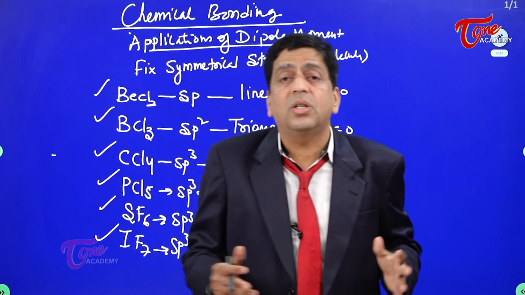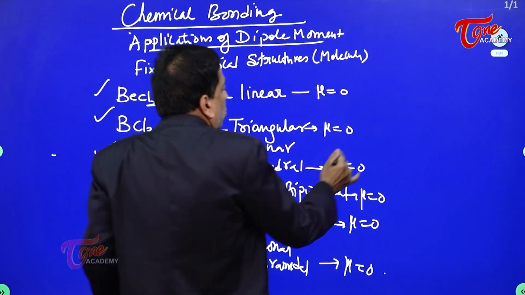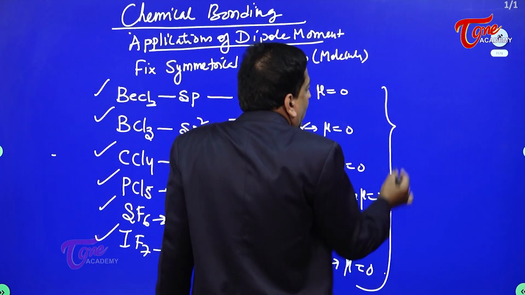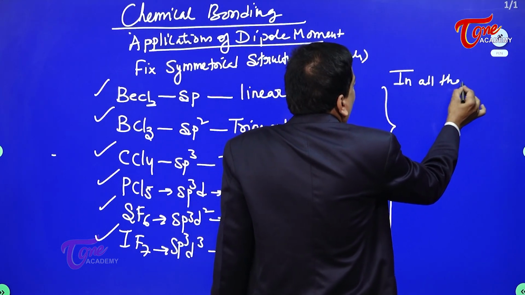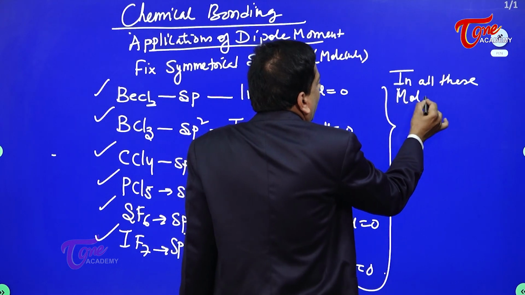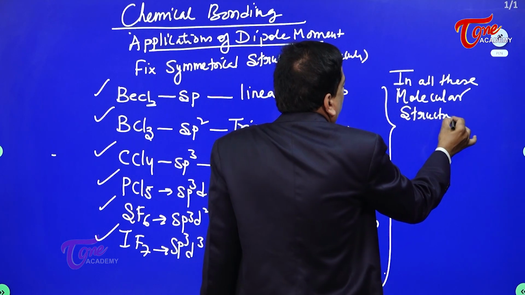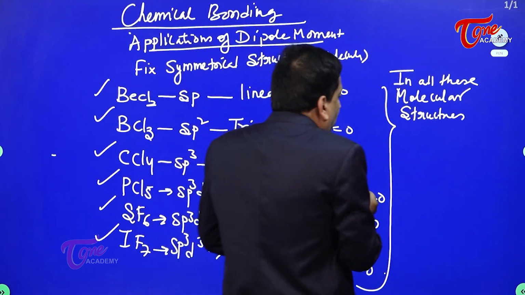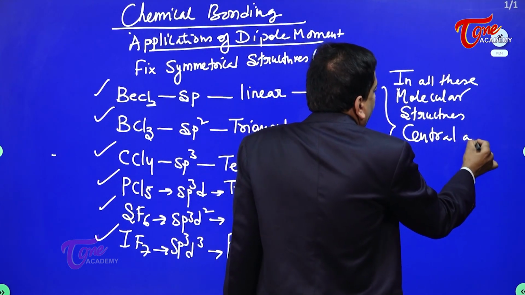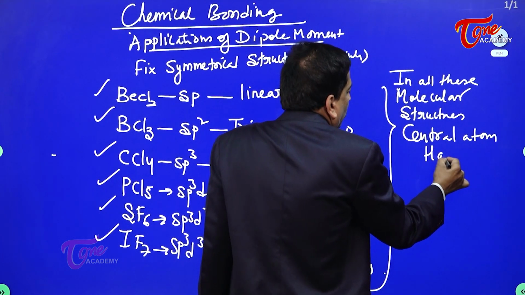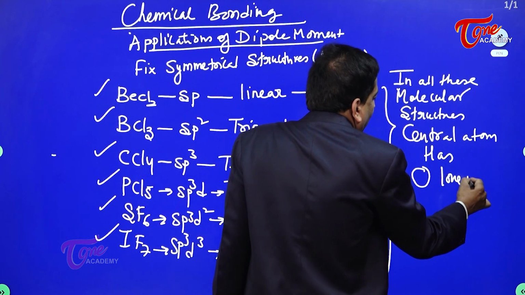And I said we will fix it in a better way. How to fix it is this: in all these molecules, in all these molecular structures, the central atom has 0 lone pairs.